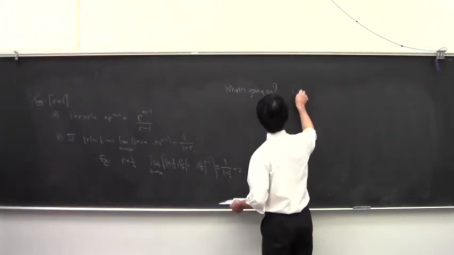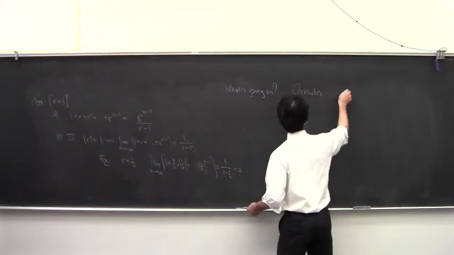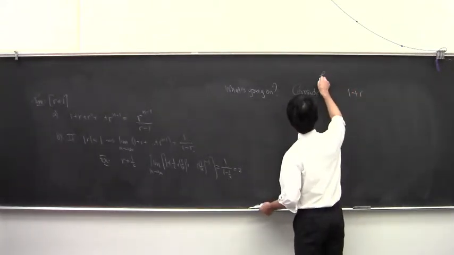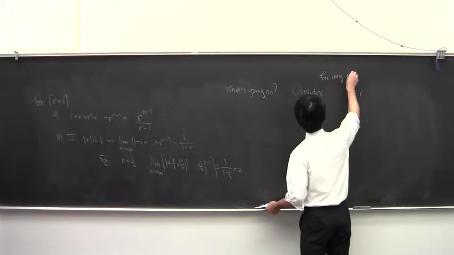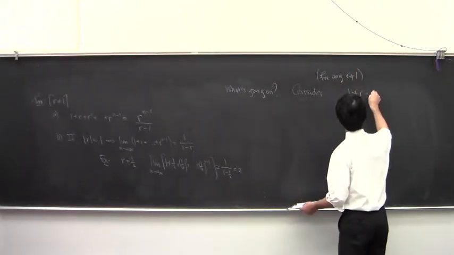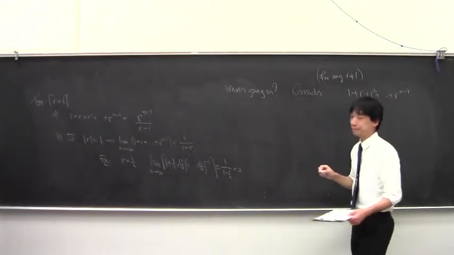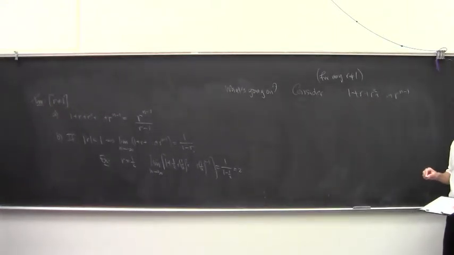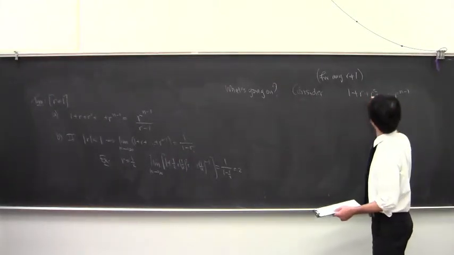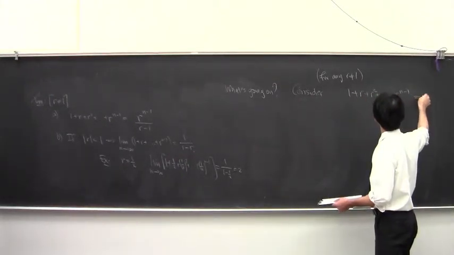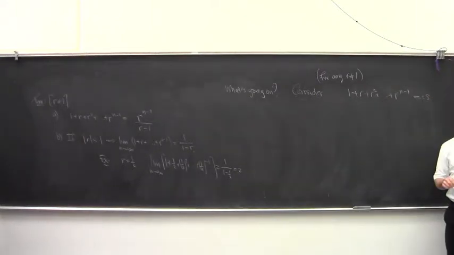So let's consider 1 plus r plus r squared up to r to the n minus 1, and let's call that thing S, S for sum. We're trying to figure out what the sum is. Maybe I'll call it S of n, for the sum of n terms.